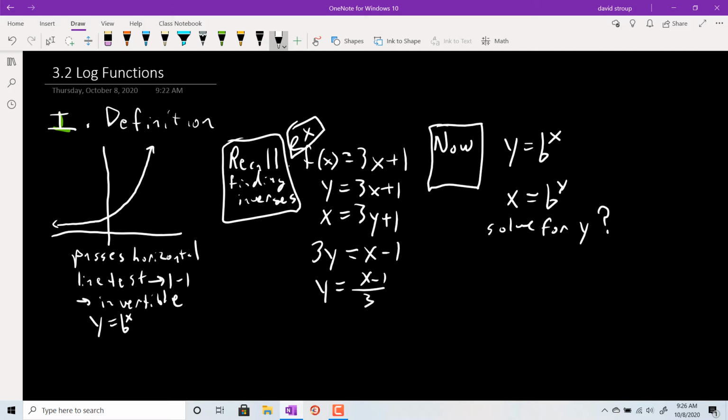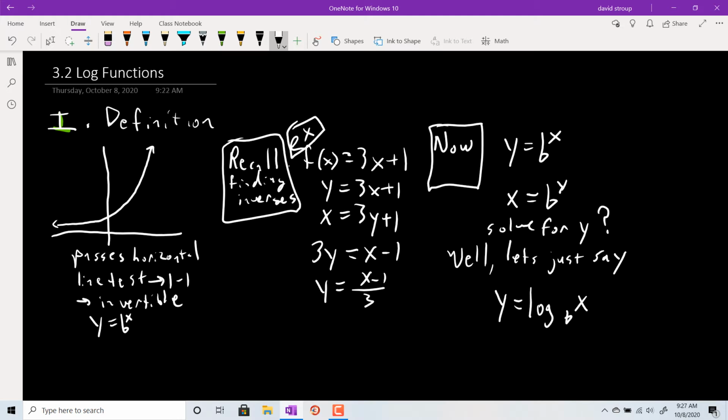Okay, so it has to exist, right? So what I'll do is just call it something. Because we know this inverse function exists, let's call it log base b of x.